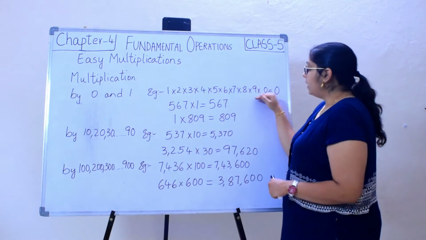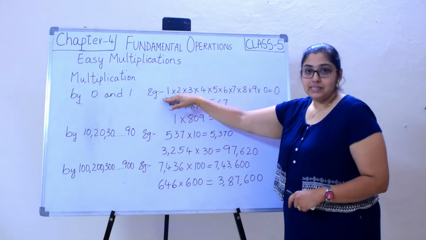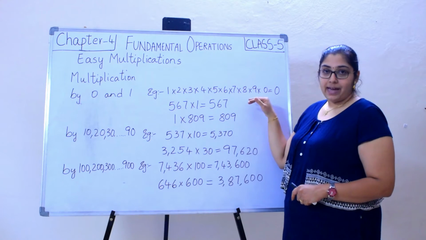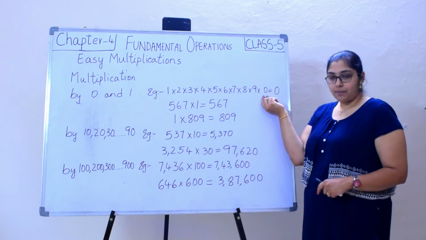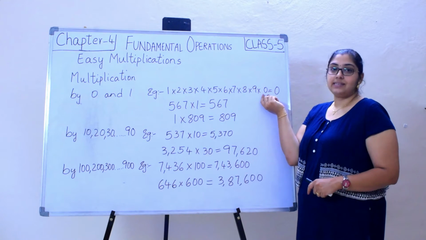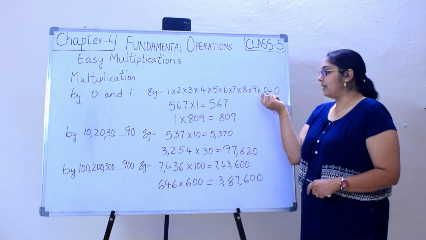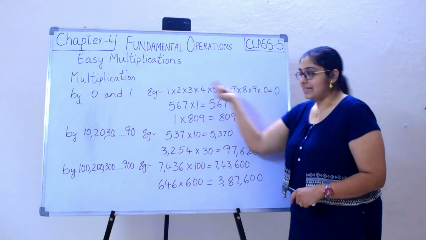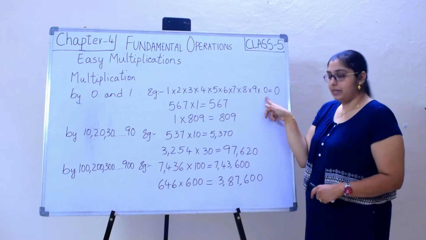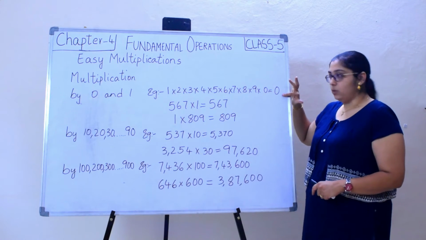So here even though there are so many numbers, if I have a 0 in any place, I need to multiply with that too, and that's the reason I am getting 0. Automatically the answer will be 0 because even though there are so many numbers, as there is a 0 which I need to multiply, the answer will be 0, right?